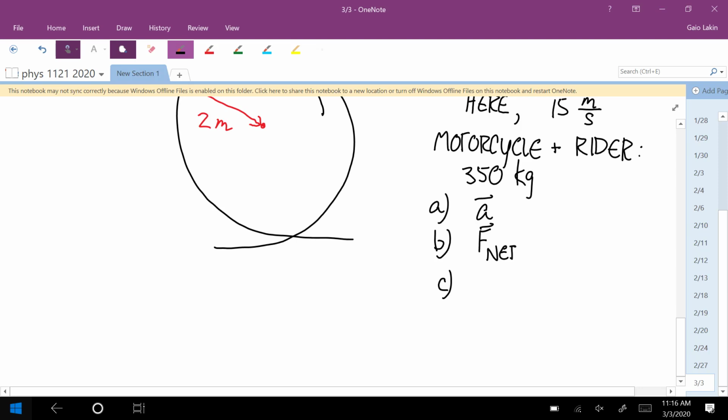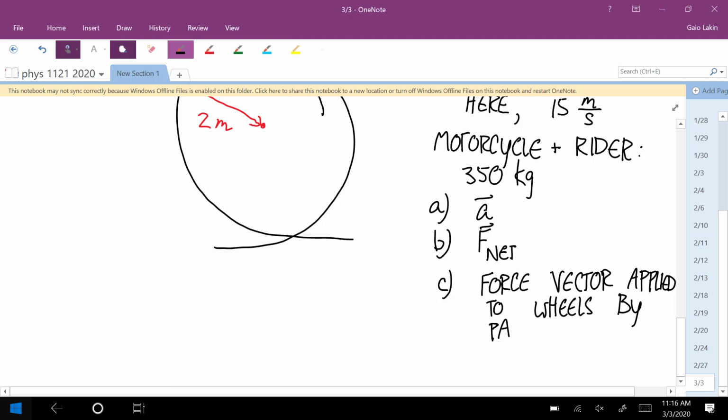And then third, we want to calculate the force vector that's applied to the wheels by the path at this instant.